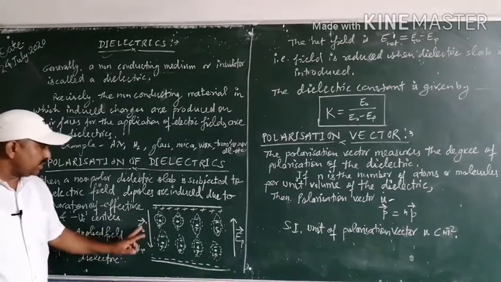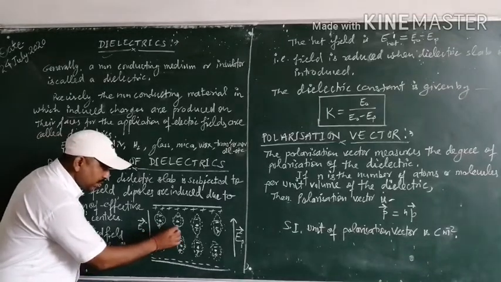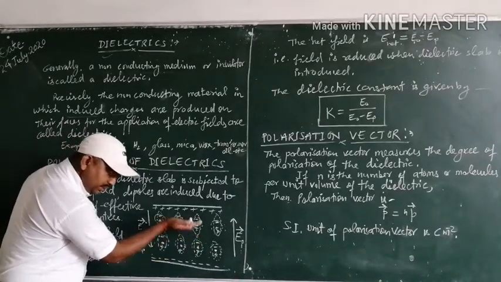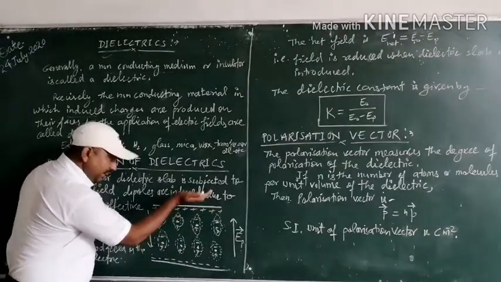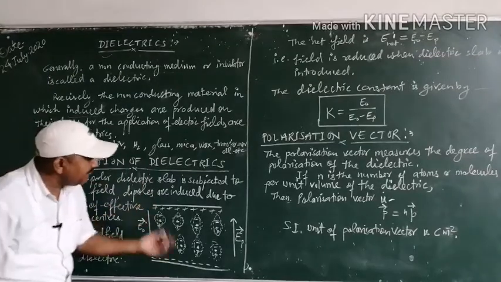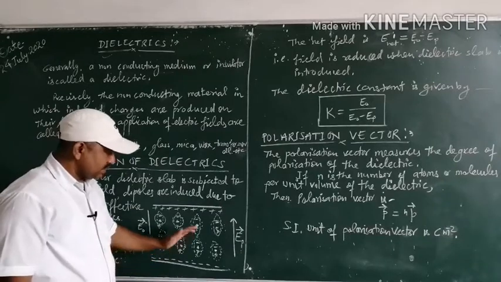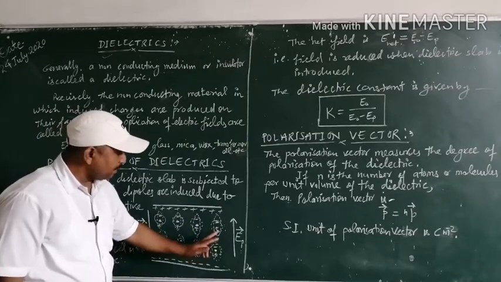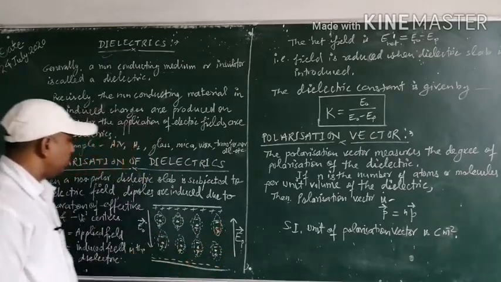Here E0 is the applied field, and we see that the field of the applied charges is acting downward. Then the field created by the induced positive and negative charge centers is acting upward.